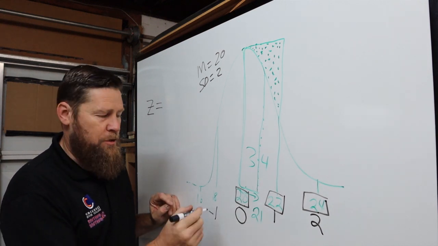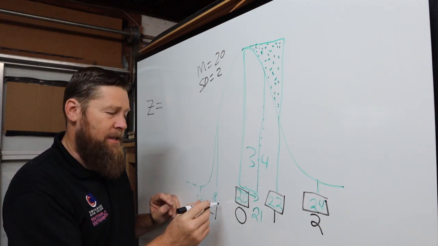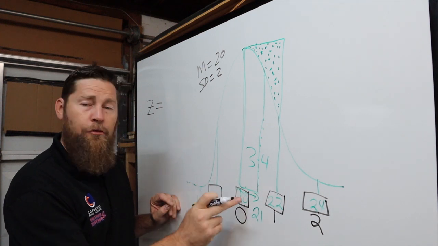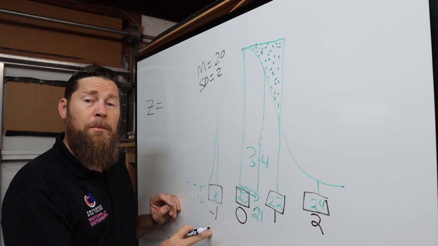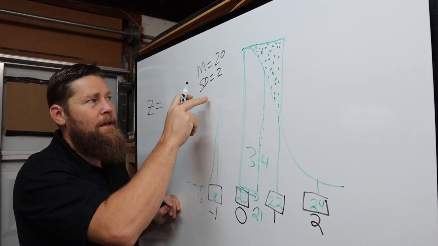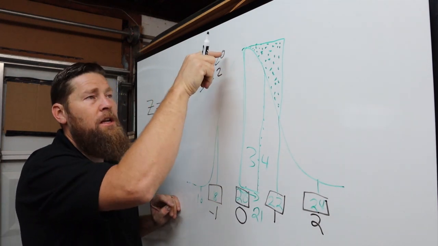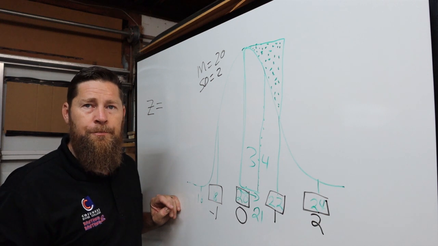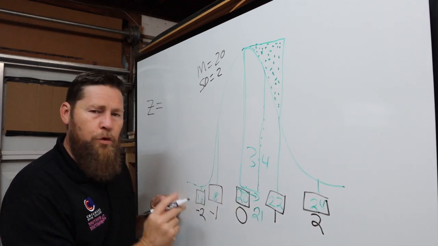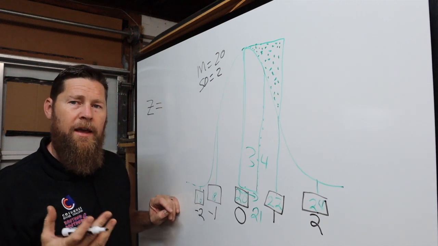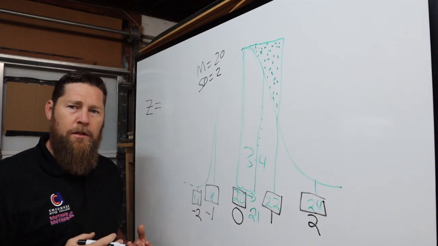Doesn't mean it's bad, it just means what direction this raw score is from the mean of the group. 18 is a -1 Z-score because it's 1 length of standard deviation less than the mean of the group.